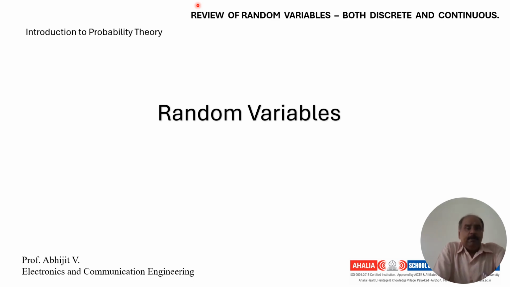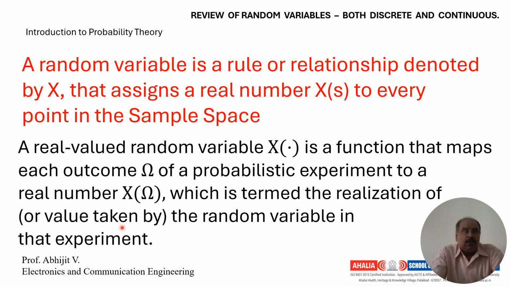What are random variables? We'll define what is a random variable. A random variable is a rule or a relationship denoted by X that assigns a real number X of s to every point in the sample space.